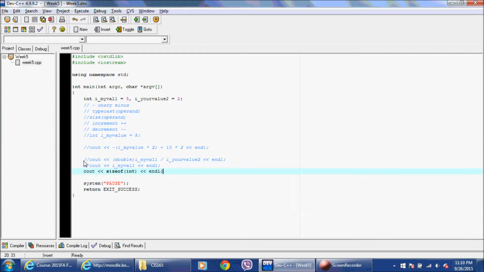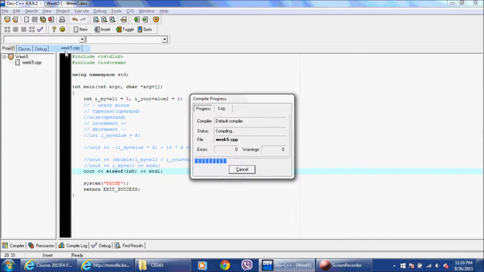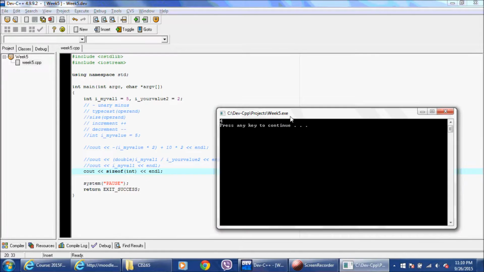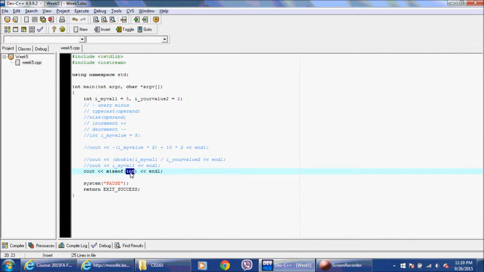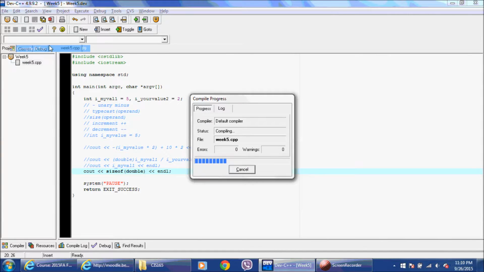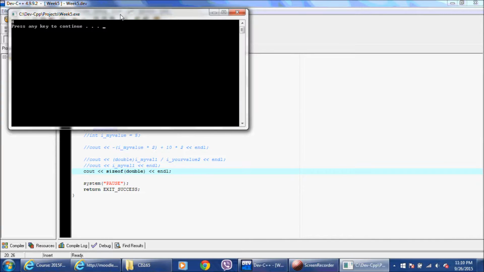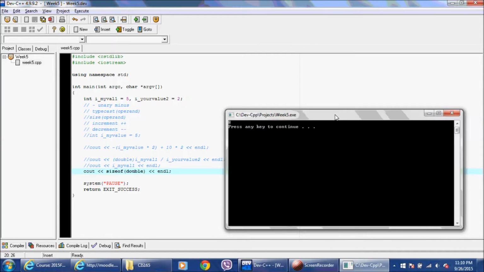And again, this returns the number of bytes. Size of an int will give me 4, because there's 4 bytes in an int. If you wanted to know how many bytes were in a double, it's 8 bytes in a double.